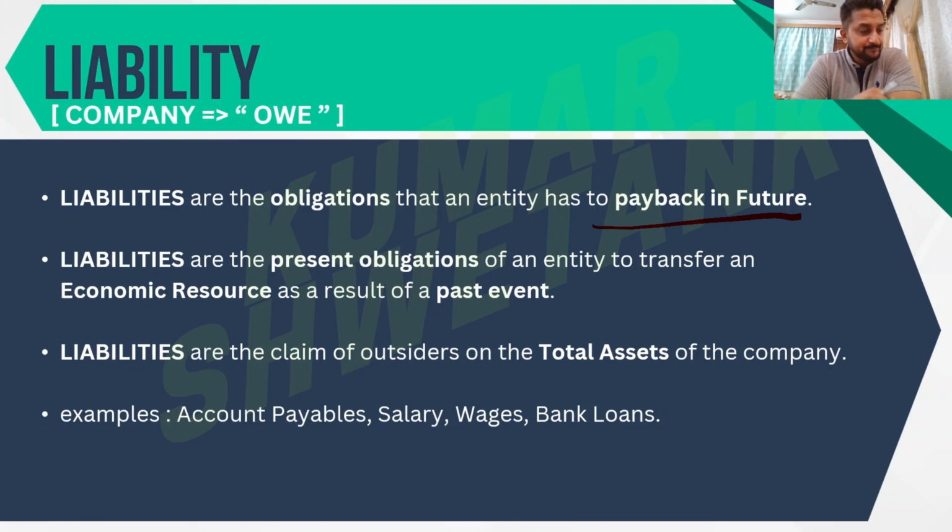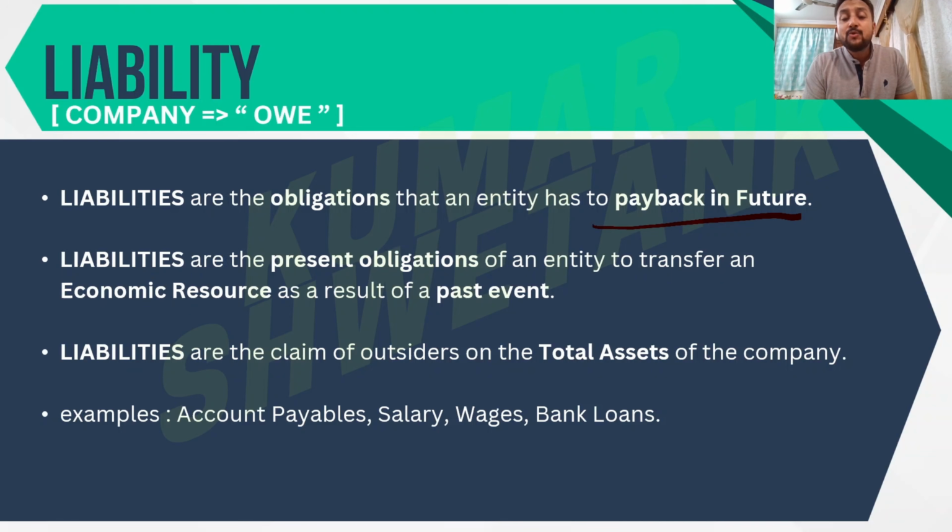For example, when you use a mobile, you have to pay the mobile bill. When you use electricity, you have to pay the electricity bill. If you are living in a rented apartment, you have to pay the rent to the landlord. It means you are owing something to someone. These are liabilities.